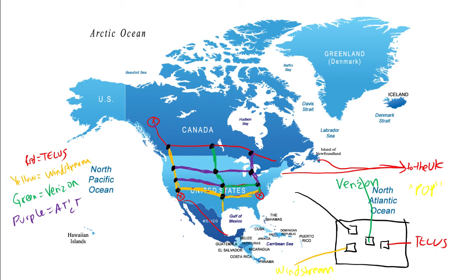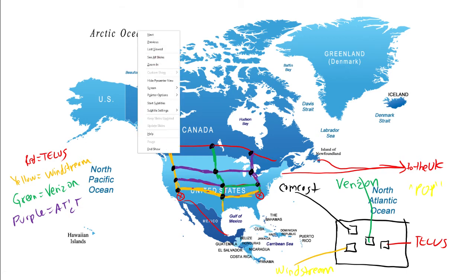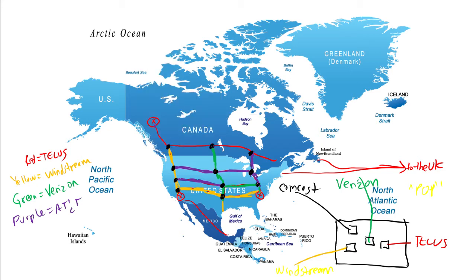Say this guy is Comcast. And then they all connect to each other. So Comcast connects to Windstream, connects to Verizon, connects to Thales, and then Windstream connects to Thales, and Windstream connects here. And this guy connects here. And that covers it.